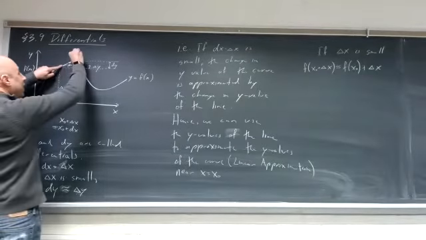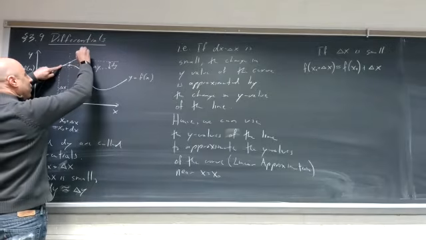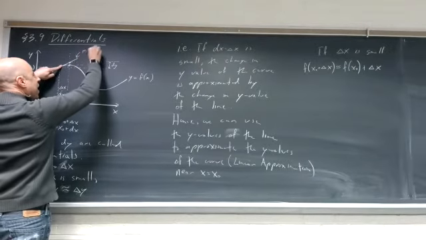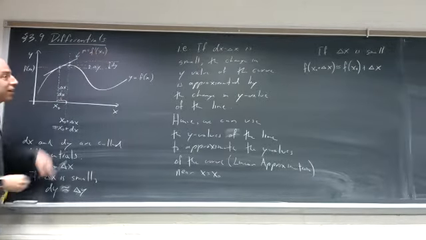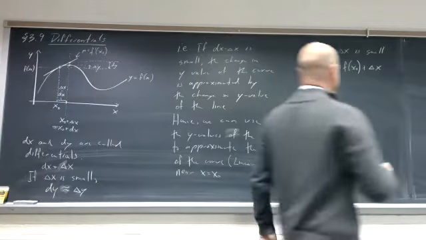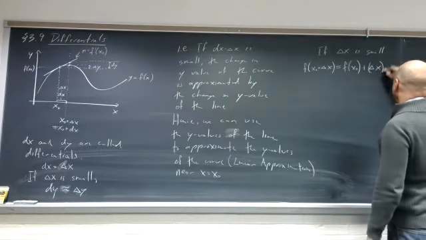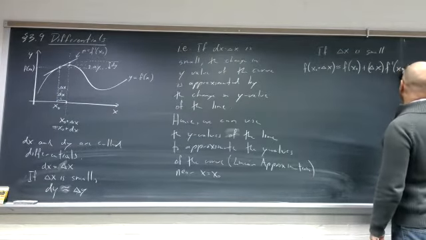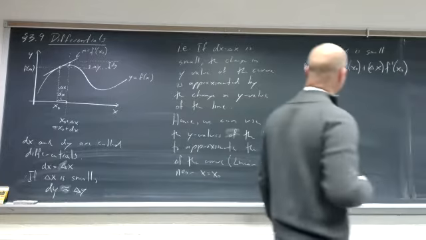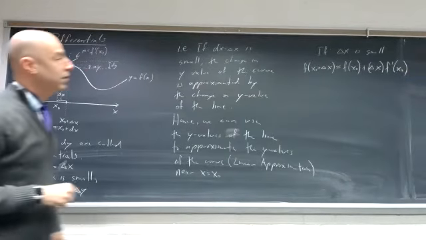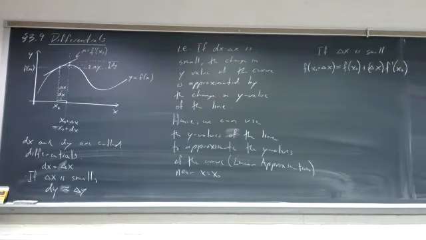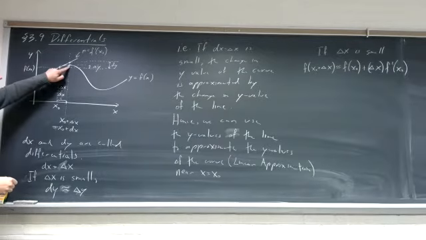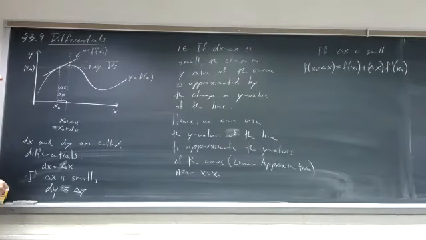But the slope of that line, one more thing on this picture, is just f prime of x naught. So what I just wrote is the height of that dot is pretty close to the height of that dot. That's all that says.